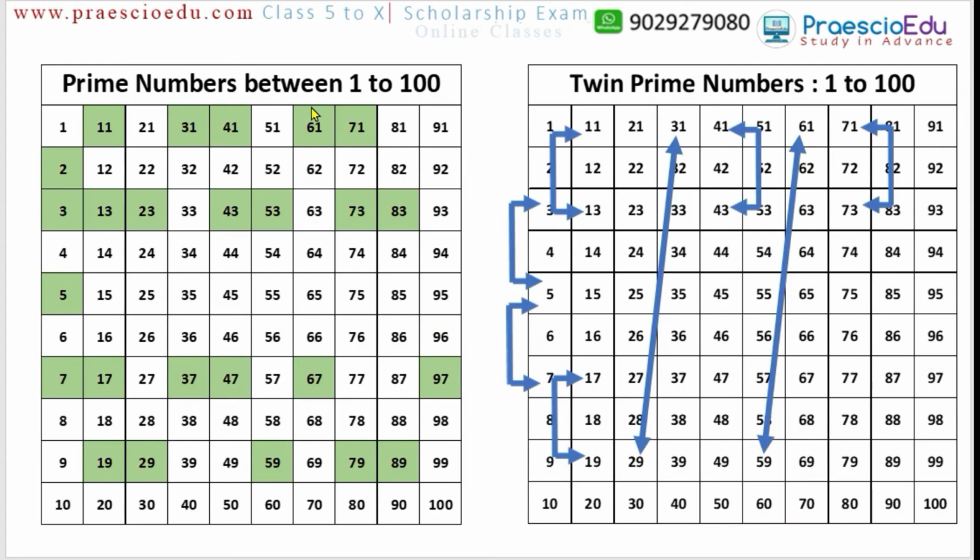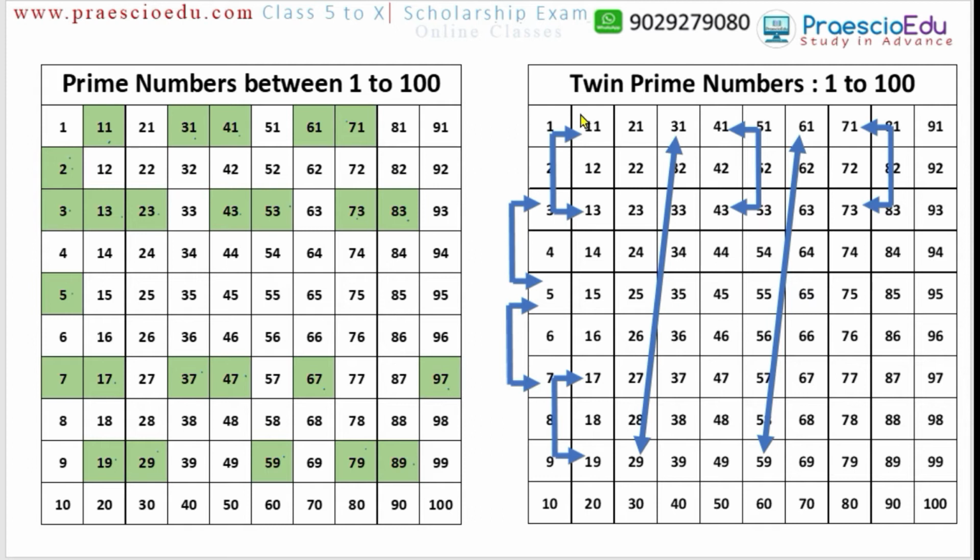So here is the same table which was already given in your last previous video. The prime numbers from 1 to 100, the green color shows the prime numbers: 2, 3, 5, 7, 11, 13, 17, 19, 23, 29, 31, 37, 41, 43, 47, then 53, 59, 61, 67, 71, 73, 79, 83, 89, and 97.